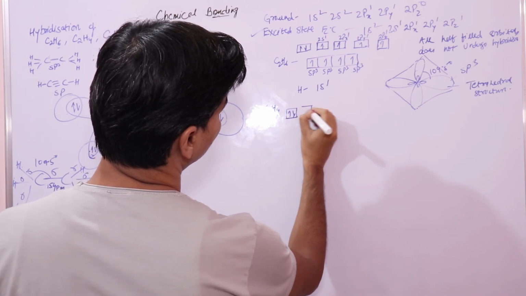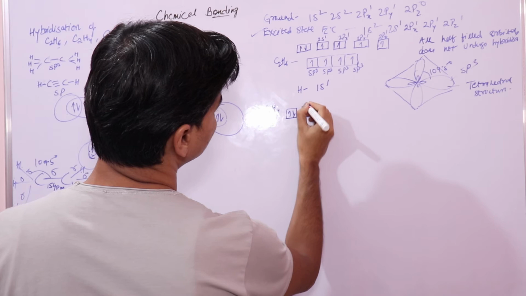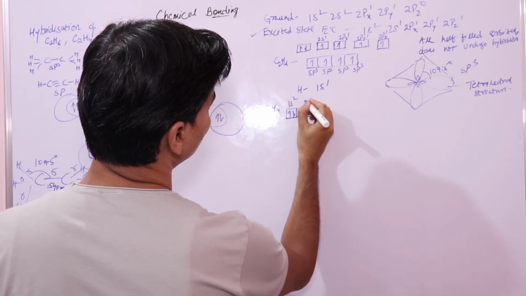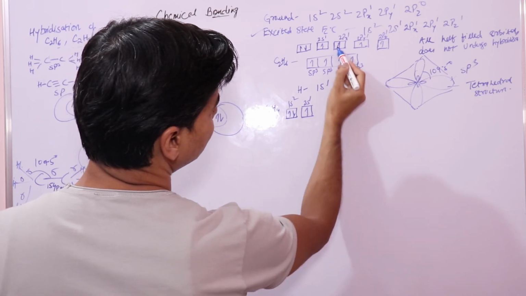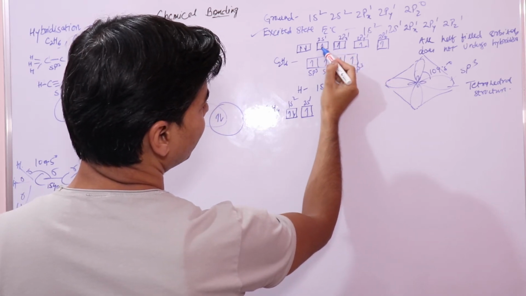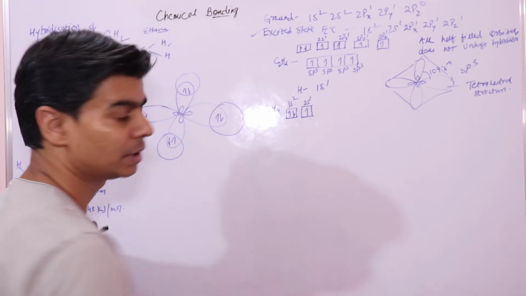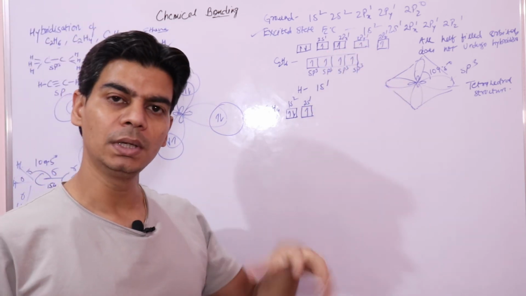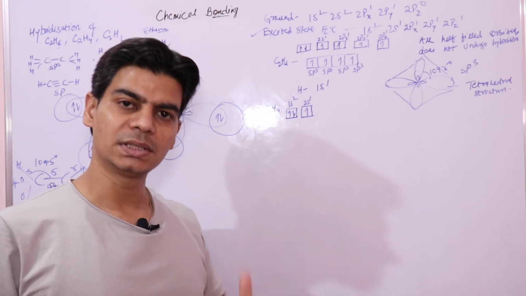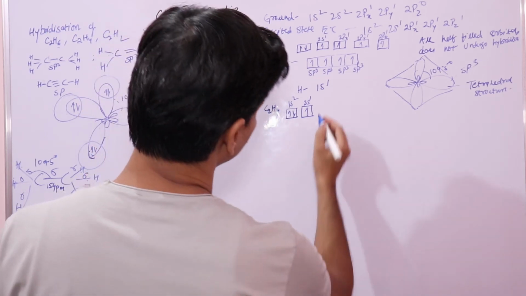It would be, this is 1s2, 2s1, right. Then these 2s and these 2p orbital, 2px and 2py will mix and merge, right, to form three set of sp2 hybrid orbitals.